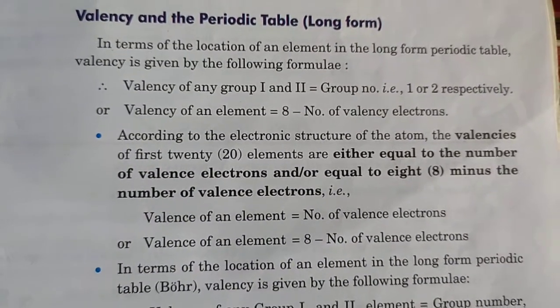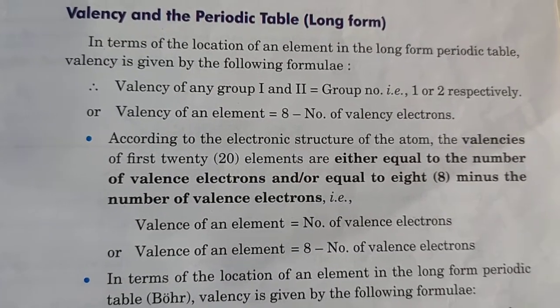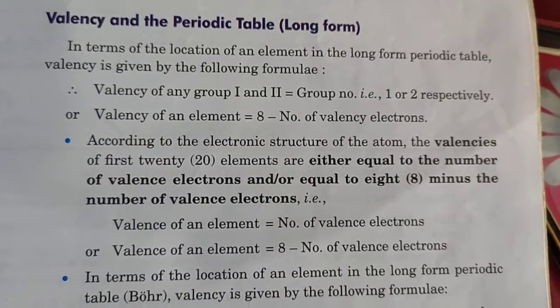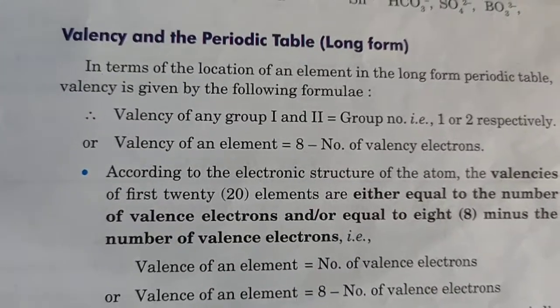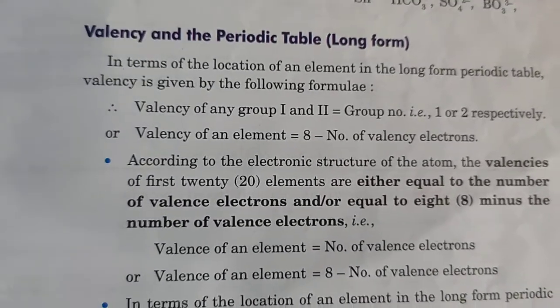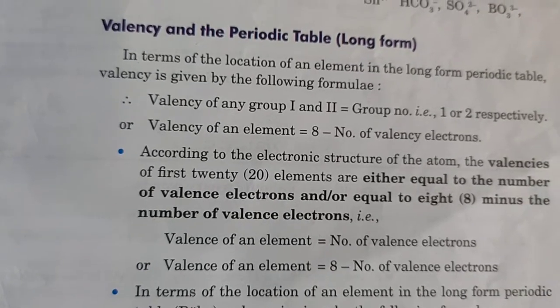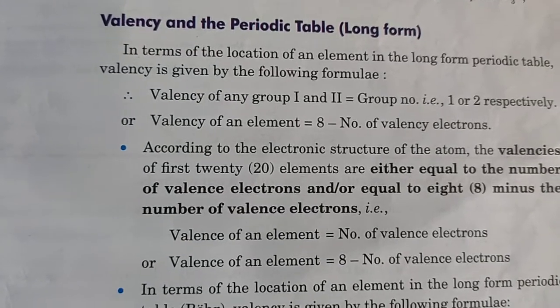If the outermost shell has 1, 2 or 3 electrons, then that element has valency 1, 2 or 3. And if an element has 4, 5, 6, 7 or 8 outermost electrons, how will we calculate the valency?